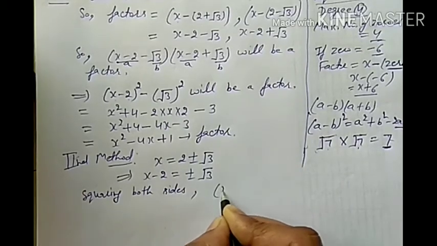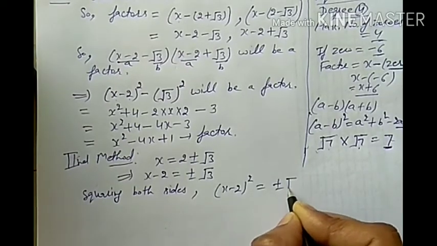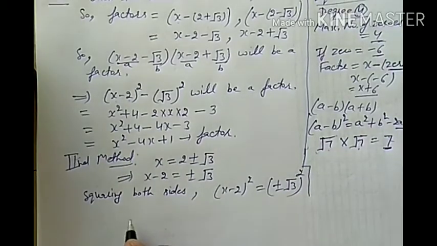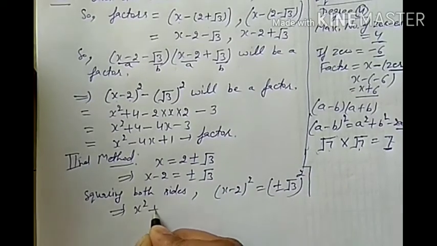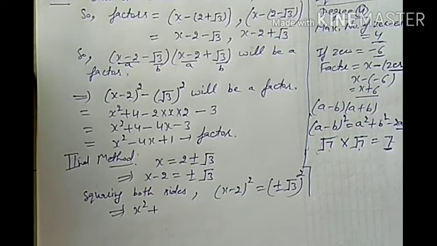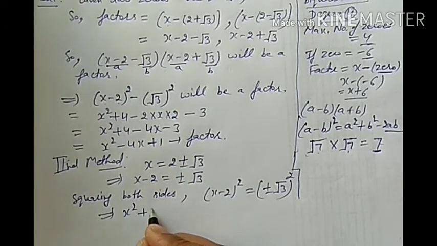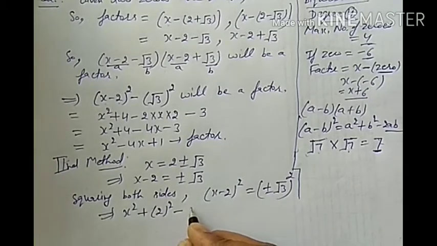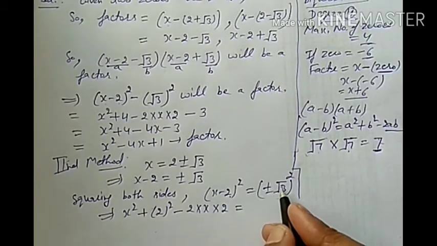And again in left hand side a minus b whole square is equal to a square plus b square minus 2 into a into b, is equal to plus minus under root 3 whole square.